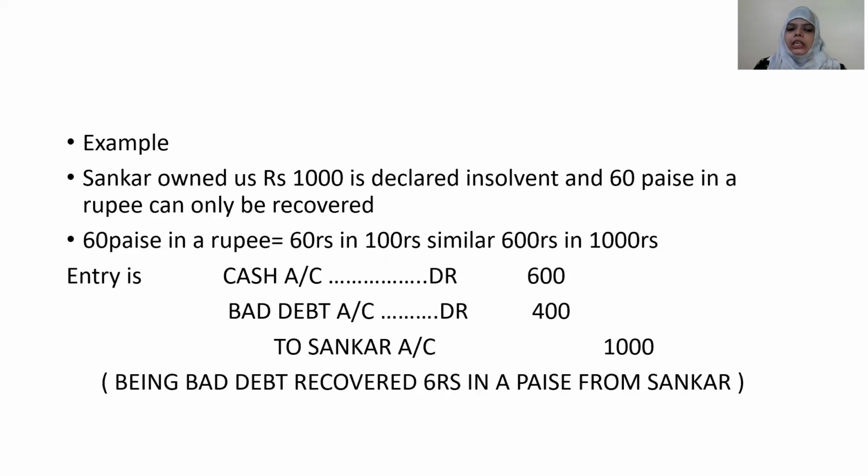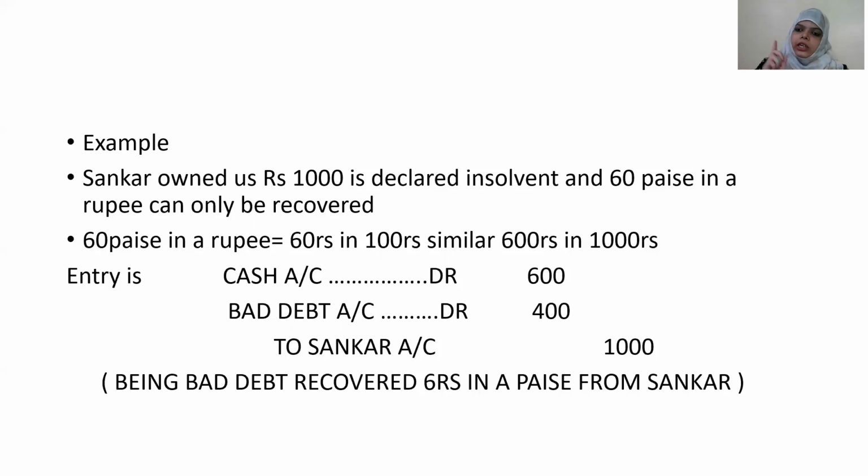Now the entry is cash account debited 600. So the amount was rupees 1,000 and you can recover only 600. So the remaining amount is rupees 400. That remaining amount is irrecoverable, cannot be recovered.